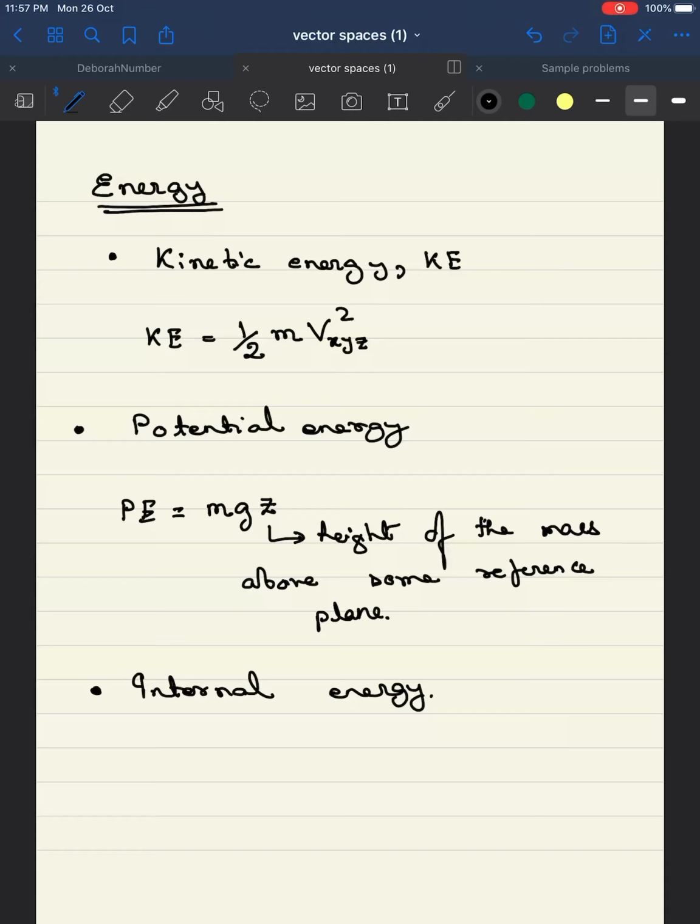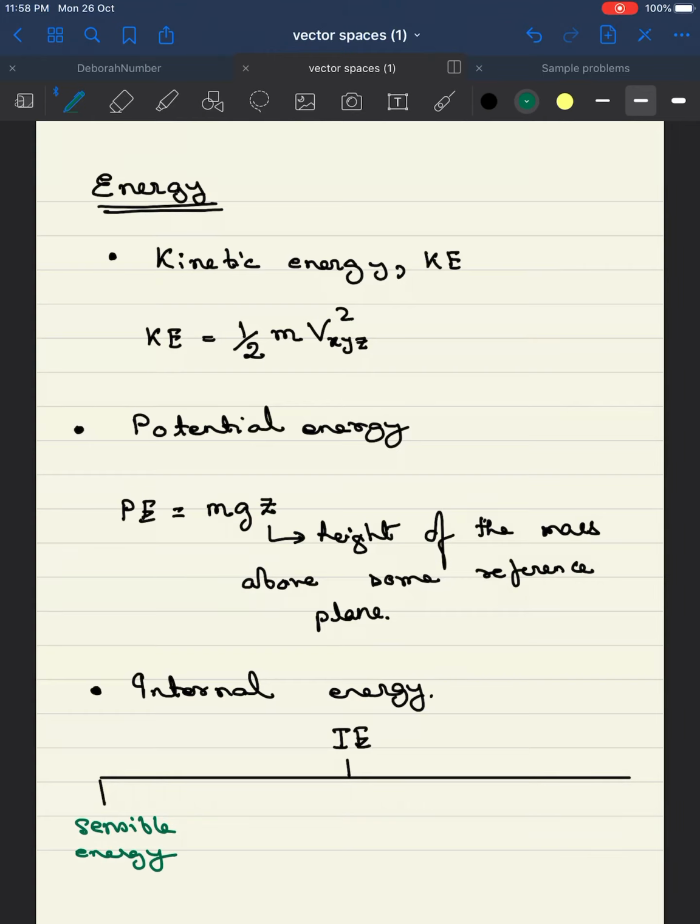So the internal energy, or let's say IE, for a system, for a fluid, it can be composed of many different subunits. For example, it can consist of something called sensible energy.